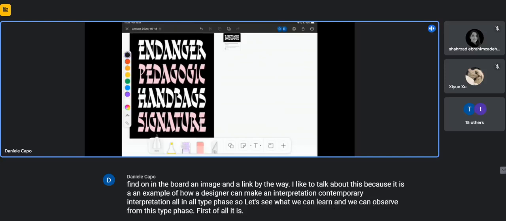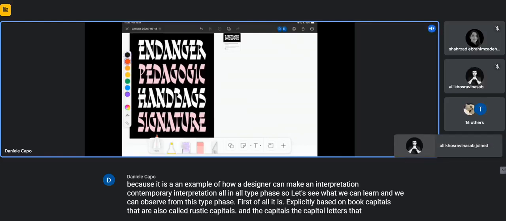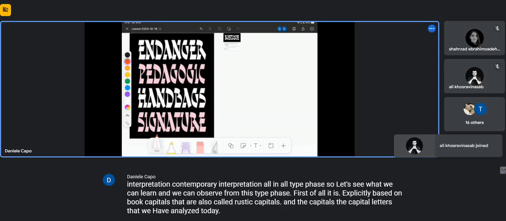First of all, it is explicitly based on book capitals that are also called rustic capitals, the capital letters that we have analyzed today.